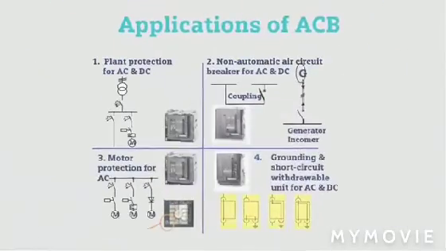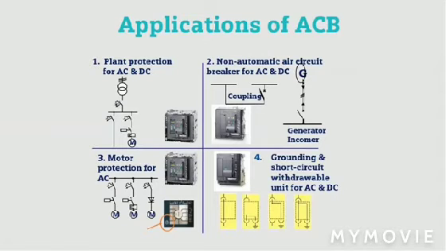Now we will see the ACB applications. These ACBs are used for plant protection, in AC or DC source. We can also manually trip the ACB by pressing this button. ACBs are used for motor protection, and in case of short circuit current, the ACB can trip and protect the load.